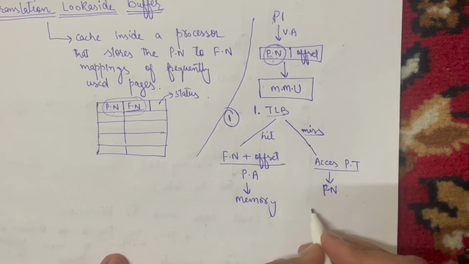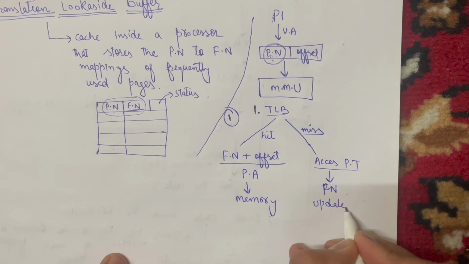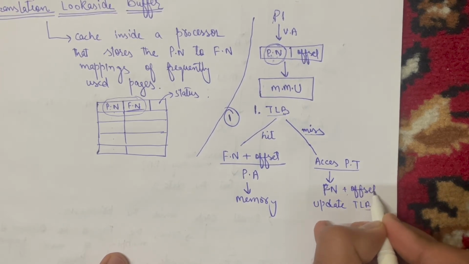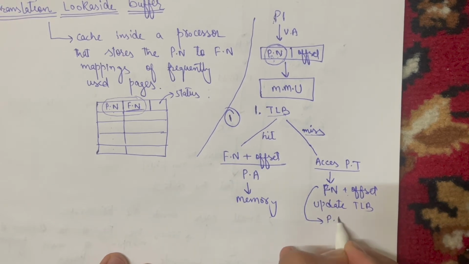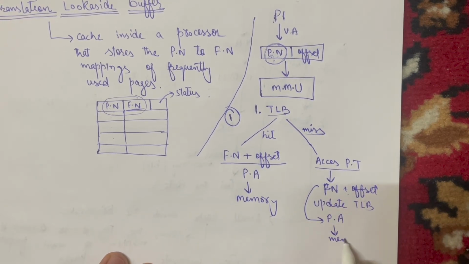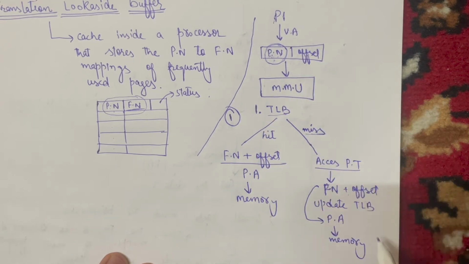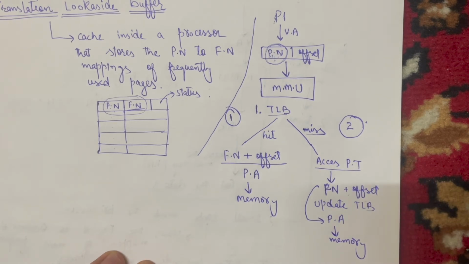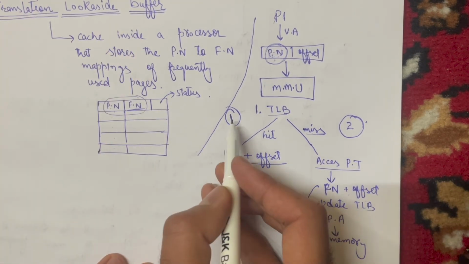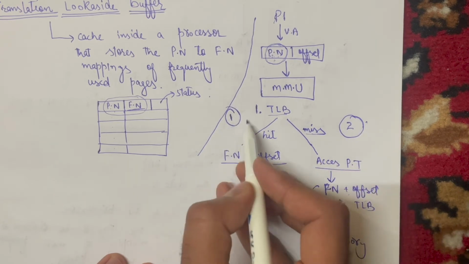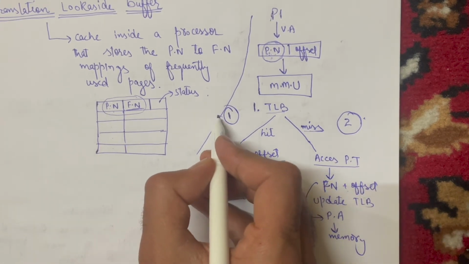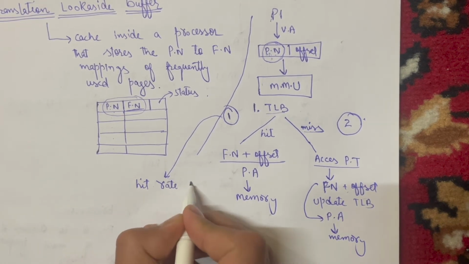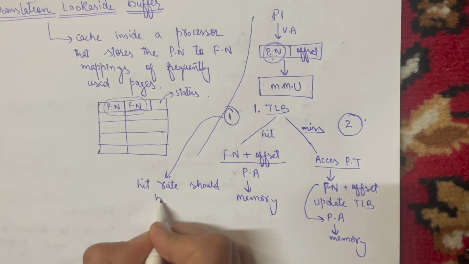Then it adds the offset to the frame number to get the physical address, and accesses the memory again. So in this scenario you can see there are a total of 2 memory accesses. Having a TLB, we can decrease those extra memory accesses, but the one thing we have to keep in mind is that the hit rate should be very high.